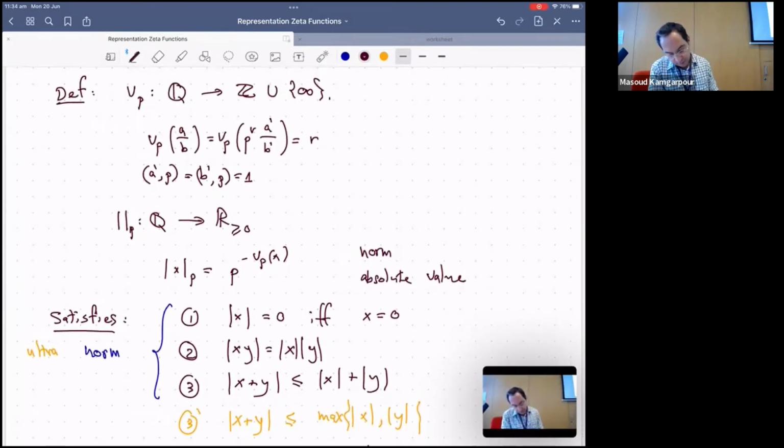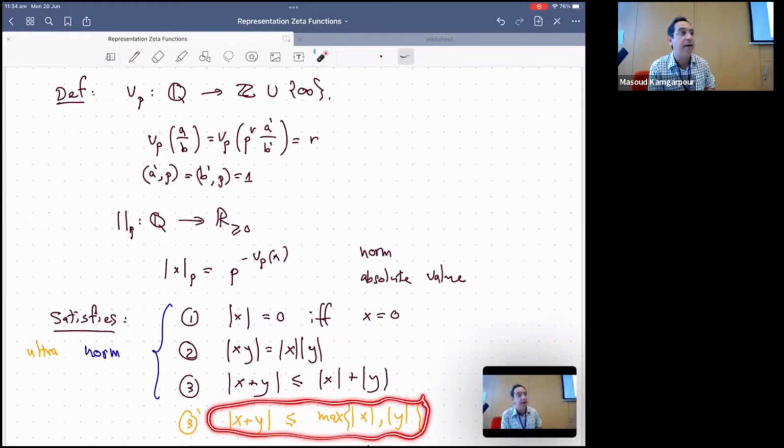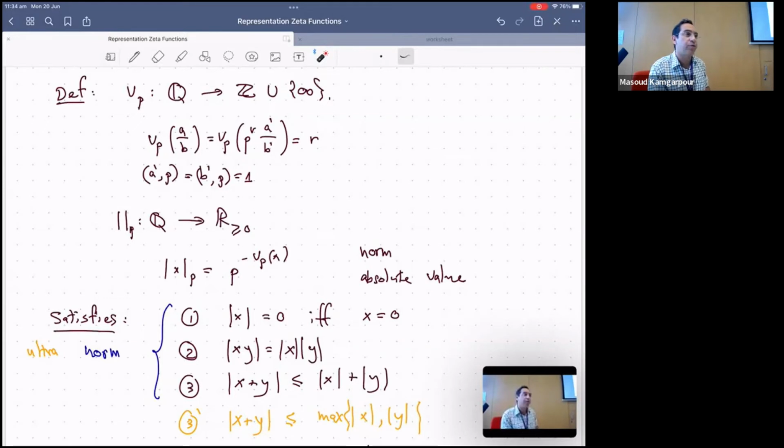For the p-adic norms, it's the stronger one that you can prove, and this is extremely useful. There's a big difference between being a norm and an ultra norm, and an ultra norm gives you much better properties.